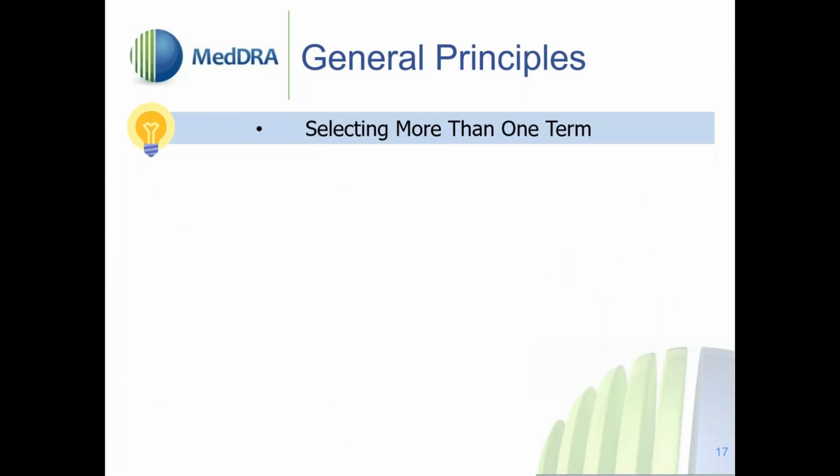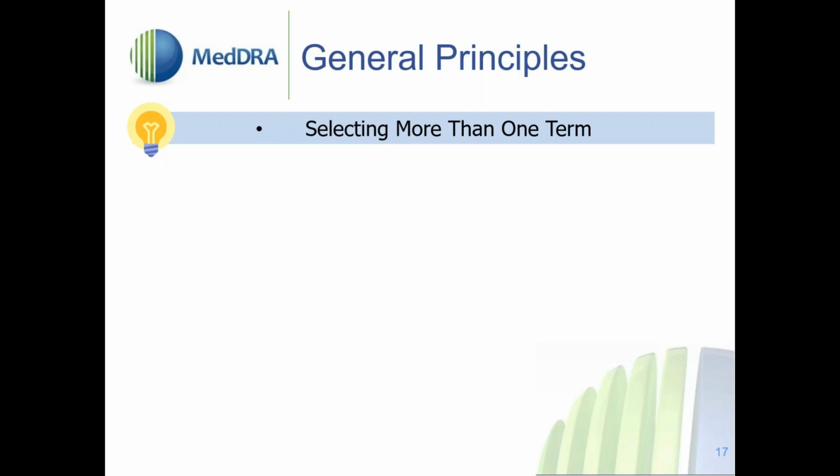Another principle is to code all the reported information. If you receive information from the reporter and you don't code that to MedDRA, you're not able to retrieve it or use it in data analysis. If you do receive information from the reporter that has a good number of details in it, you should try your best to find LLTs in MedDRA that capture as many of the source details in a single LLT term.